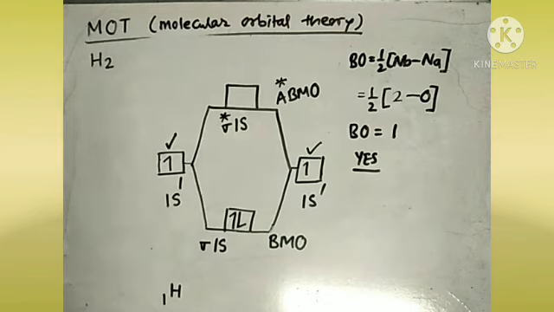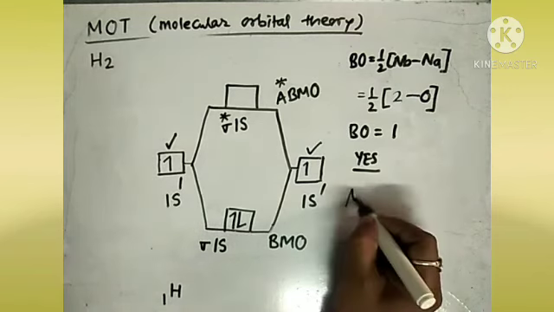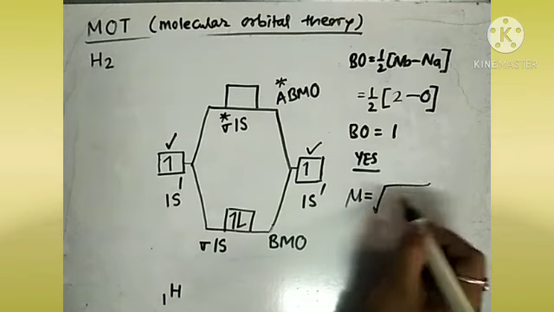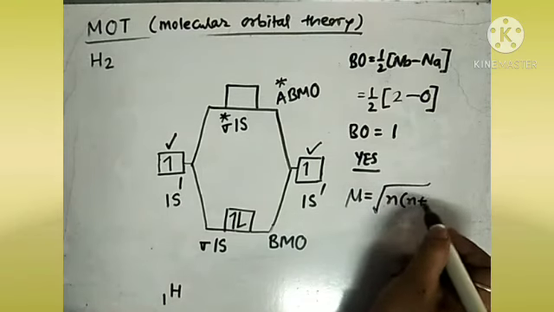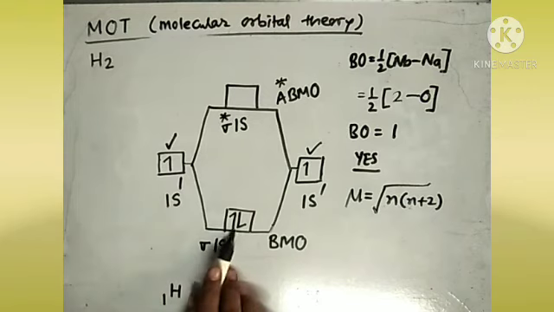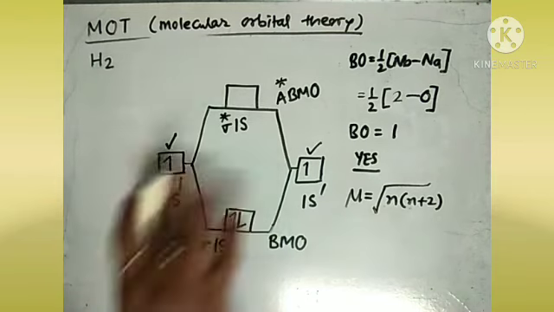All right, let's see how we can decide the magnetic character. We can decide the magnetic character by this formula, mu equals root of n into n plus 2. Now you see the number of unpaired electrons. The 2 electrons are both paired, and in the anti-bonding orbital there is no electron.